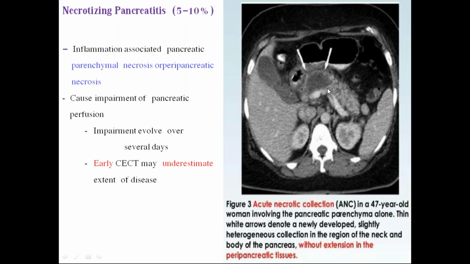Gas in the collection is a sign of necrosis. It is due to impairment of pancreatic perfusion, which evolves over several days. Early CECT may underestimate the disease, so the contrast enhanced CT scan is typically taken after 72 hours.